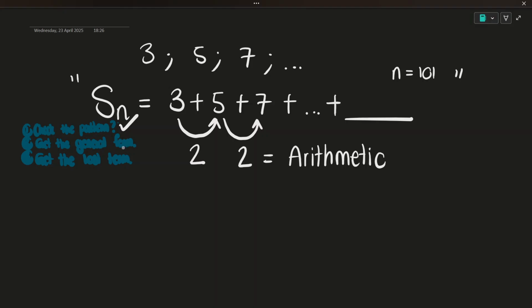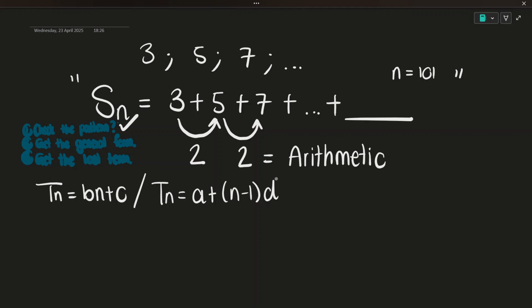Now that we know that this is an arithmetic pattern, we have done the first step, check the pattern. Next, get the general form. When you get the general form, you always get it in the form of Tn is equal to Bn plus C. Now, there are two ways to do it. You can do it with Tn is equal to A plus (n minus 1) multiplied by D. But I prefer this way because it gets me straight to that form. So we know that B is equal to 2. It's the constant difference.